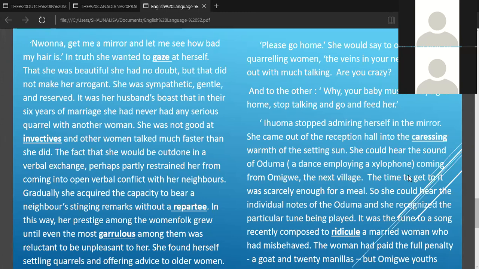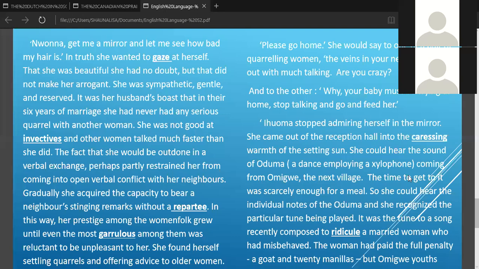It was her husband's boast that in their 6 years of marriage, she had never had any serious quarrel with another woman. She was not good at invectives, and other women talked much faster than she did. The fact that she would be outdone in a verbal exchange perhaps partly restrained her from coming into open verbal conflict with her neighbors.